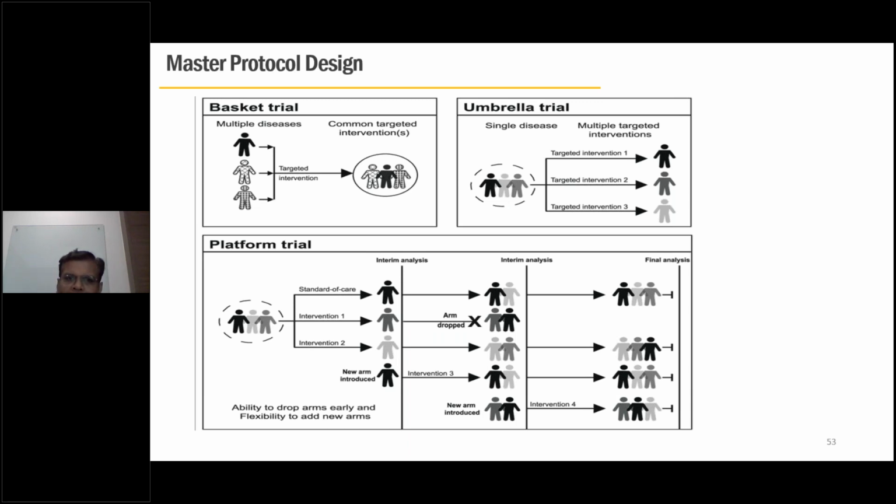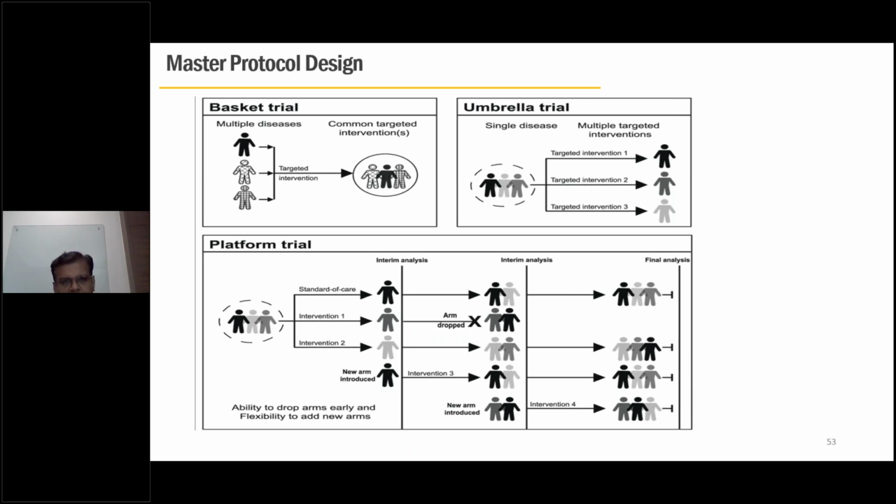So various drugs are targeted at a single disease, and these types of studies are known as umbrella trials. So you do a study on COVID with, say, 10 targeted therapies, and you try to see which one works.